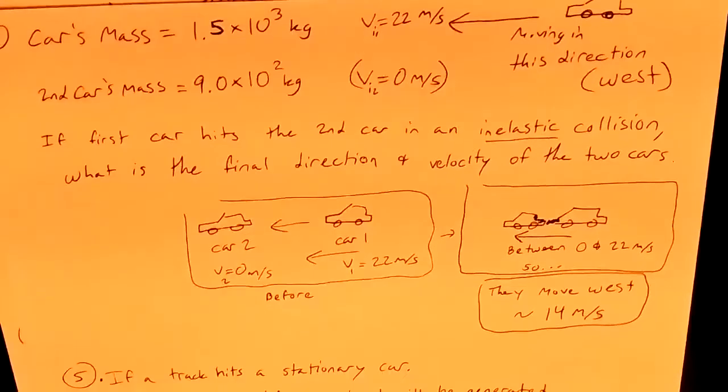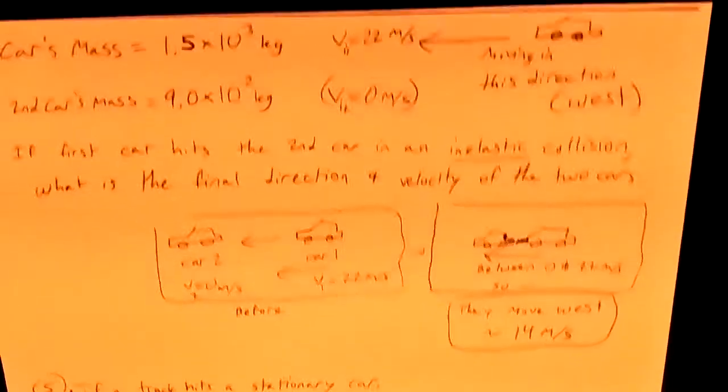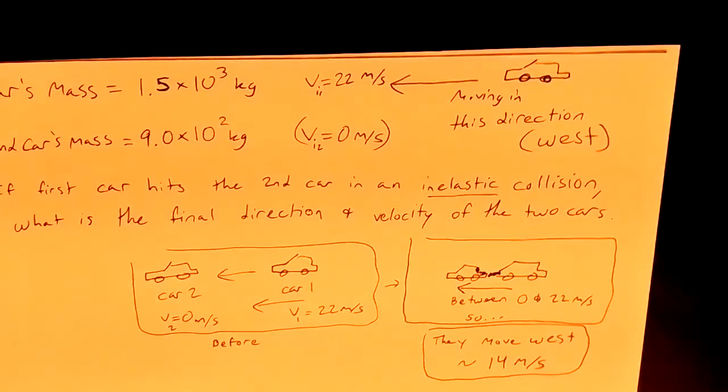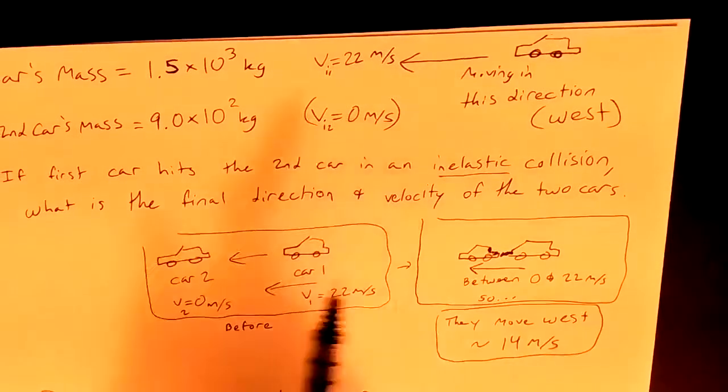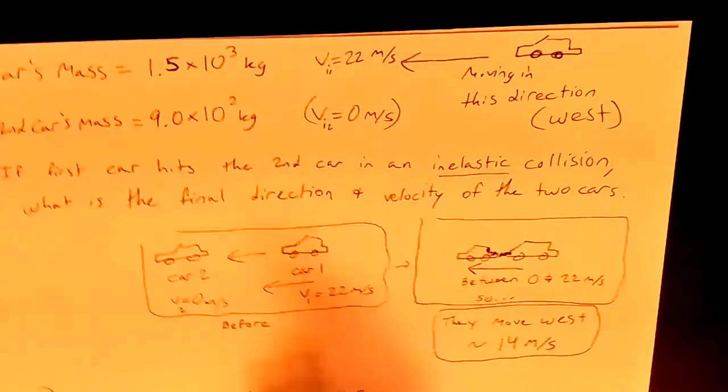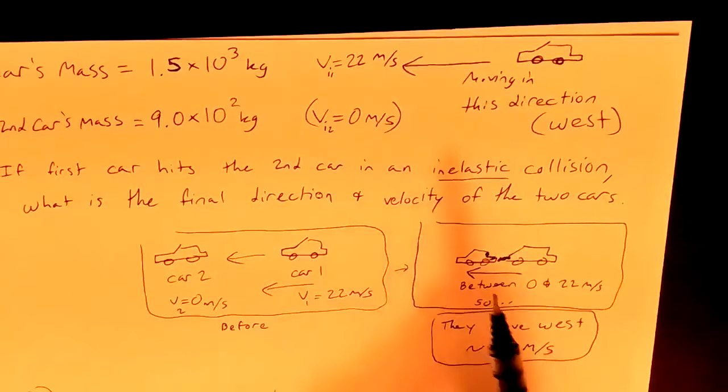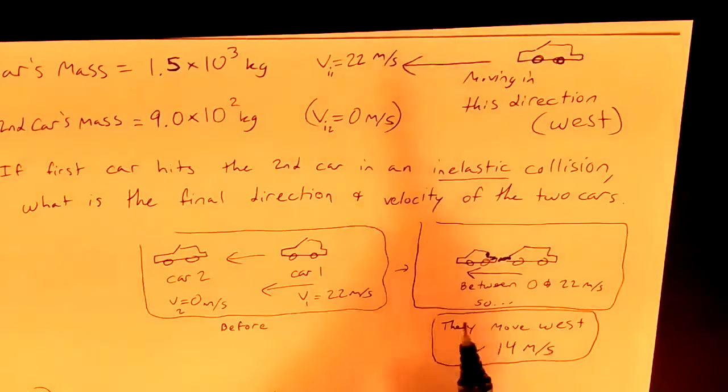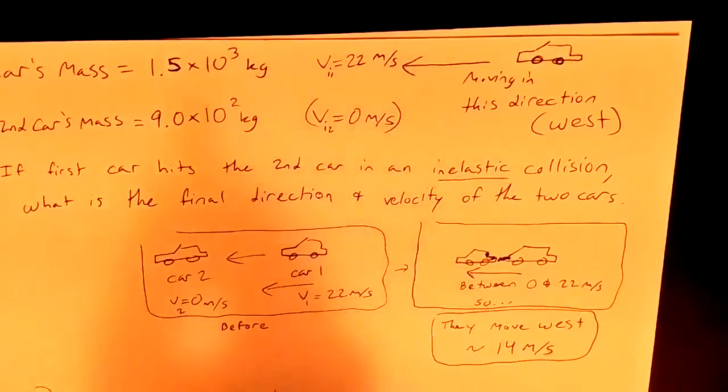But for the cars, in this one, it's inelastic, so they're going to collide, and then they're going to move this way together. And that's going to be between 0 and 22 meters per second.